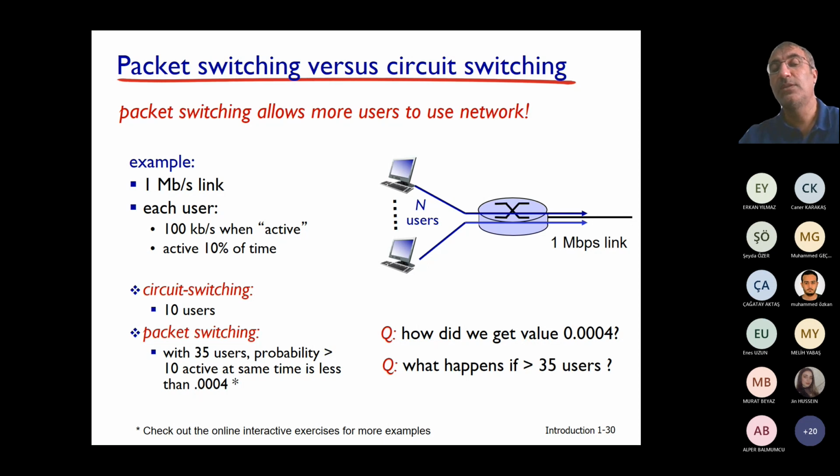So in circuit switching, we can support 10 users. In packet switching, we can support up to 35, because circuit switching is dedicated, reserved for specific users. But in case of packet switching, it is virtual and can be utilized based on a best effort strategy.